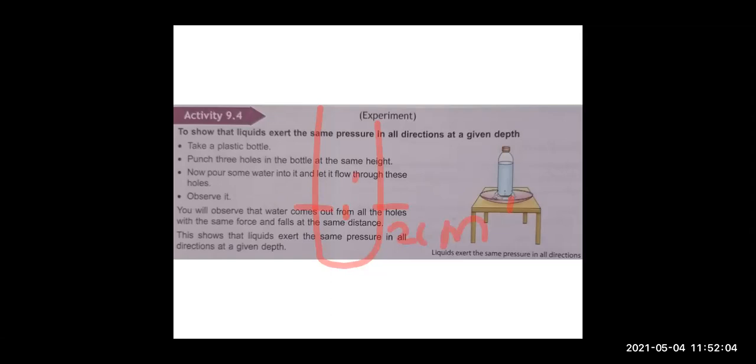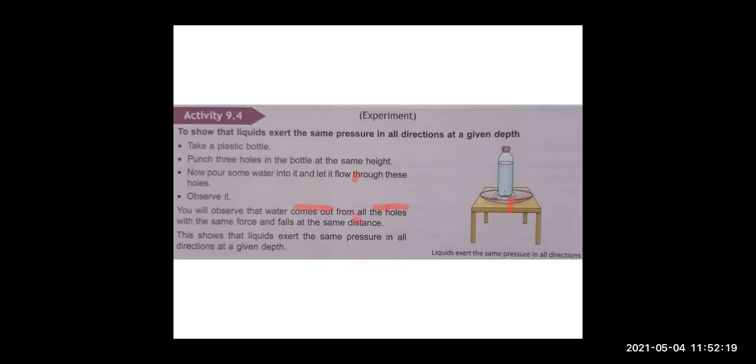At the same height, that is 2 centimeters. You are making 4 holes in different directions. Then you are filling the bottle, and what will happen? The water will start coming out from all the 4 holes you have made.